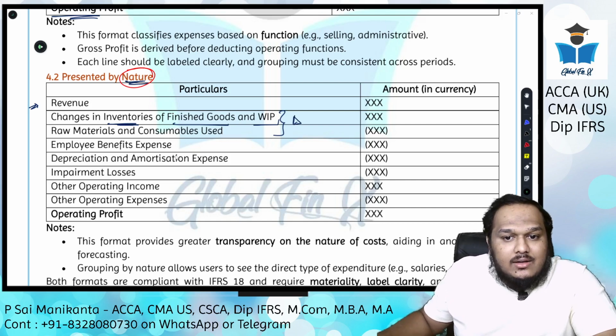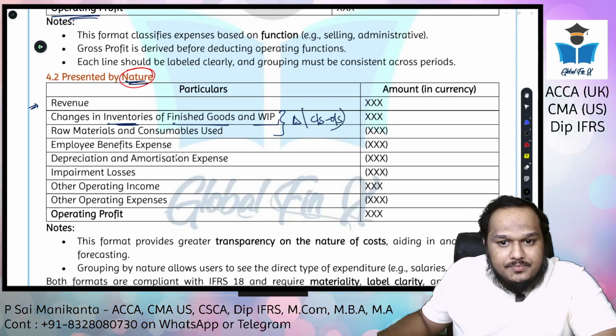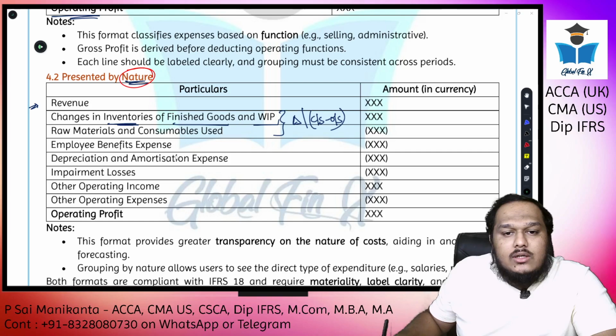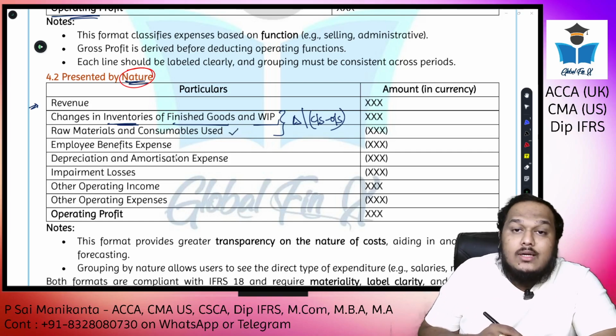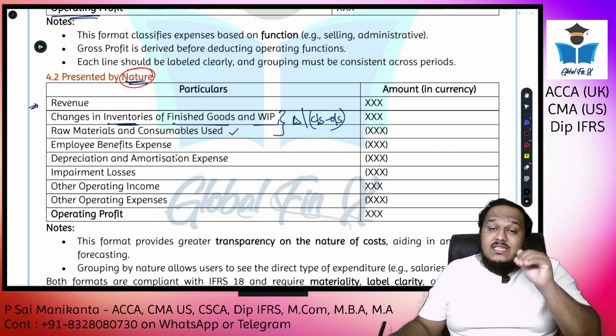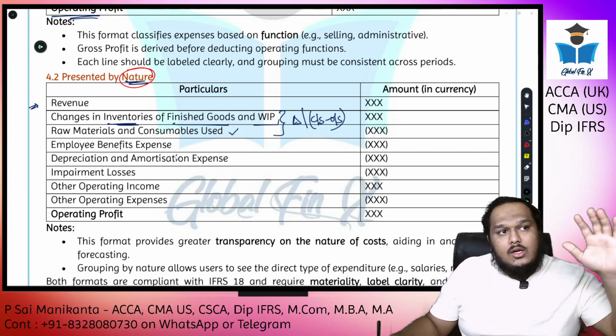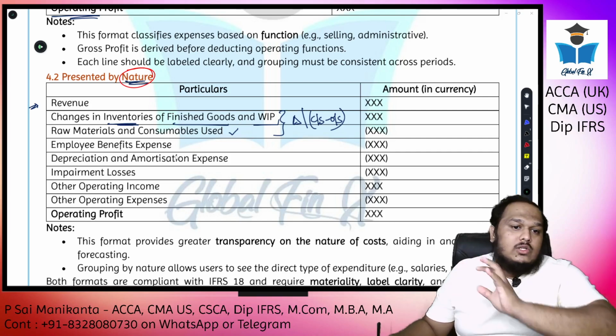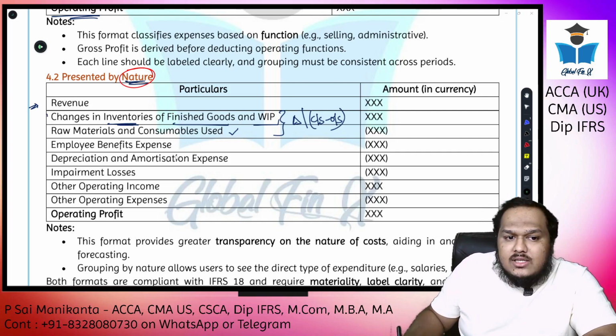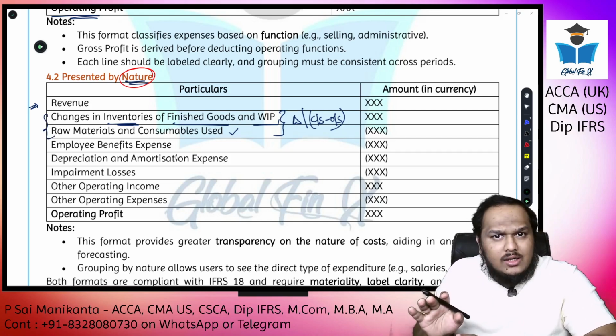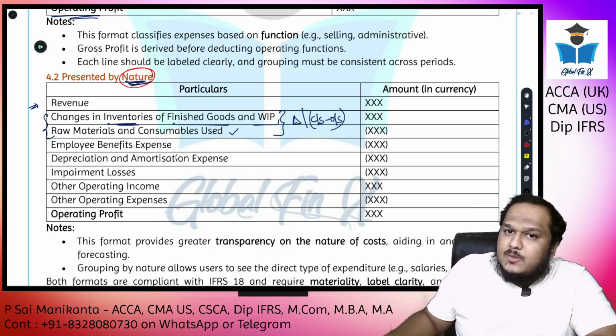This is delta, in other words, closing stock minus opening stock. And the amount consumed for the year can be separately shown because the nature is different. Purchased and consumed is one nature. Opening stock minus closing stock, the difference, is another nature. This presentation is also fine. This is based on the nature of expenditure.